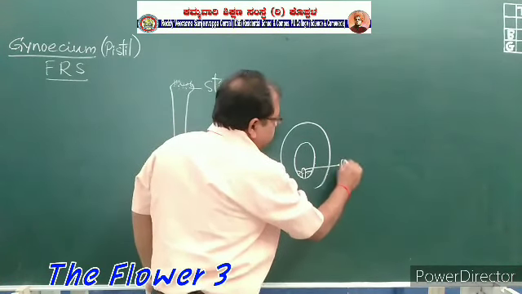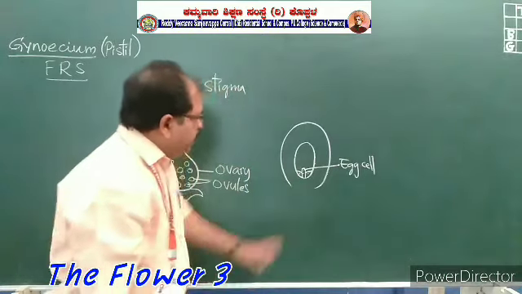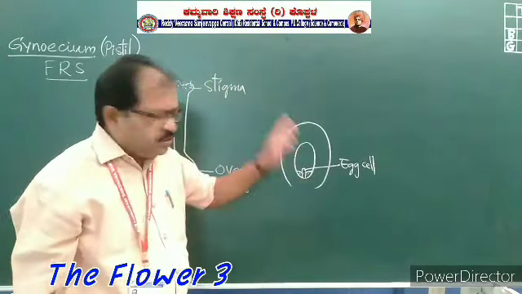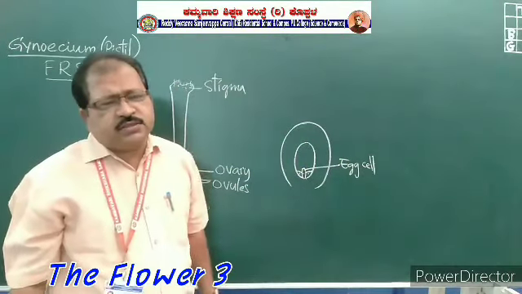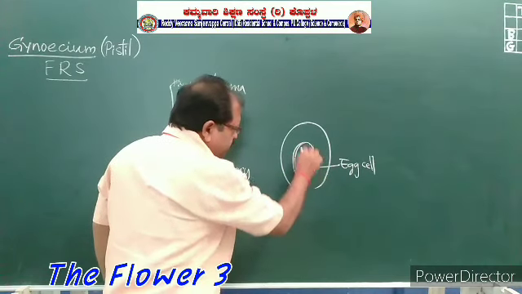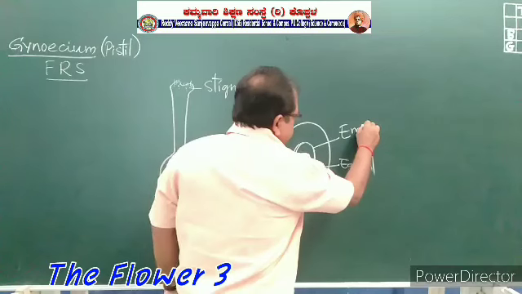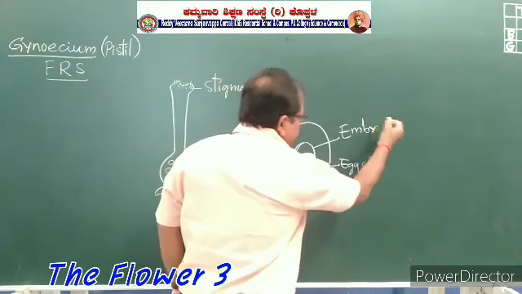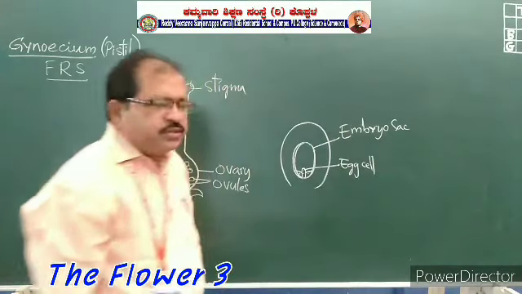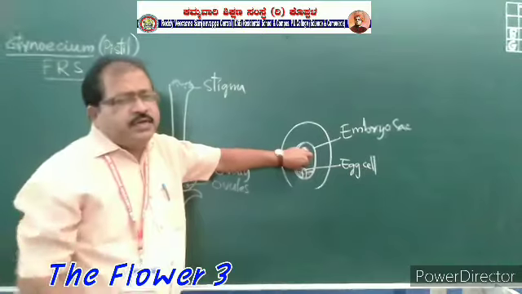This is the egg cell, and these two which are supporting it are synergids, which we will discuss completely in the coming lessons. And this bag-like structure in oval shape, you can see here, is called the embryo sac, where the embryo is developed. This is the place where the fertilization takes place.